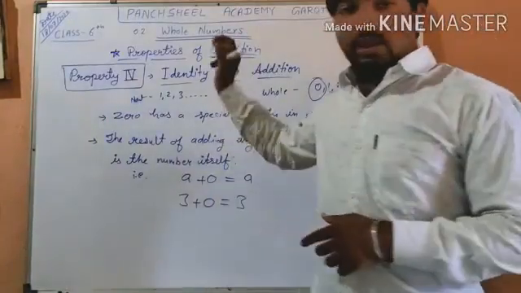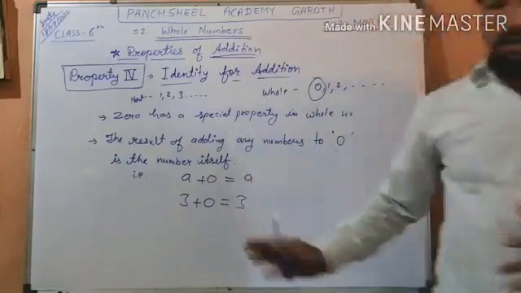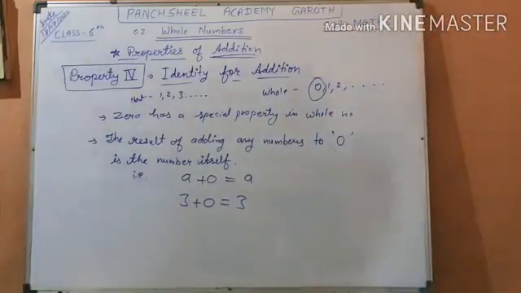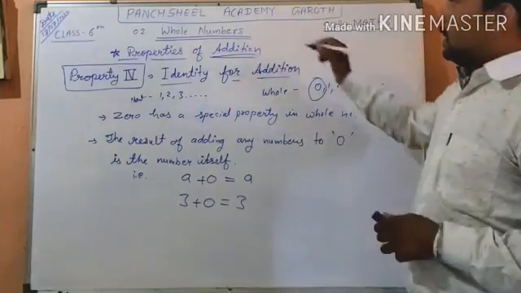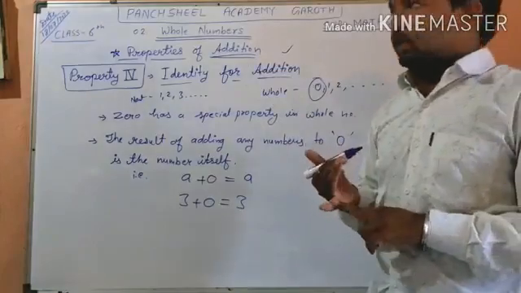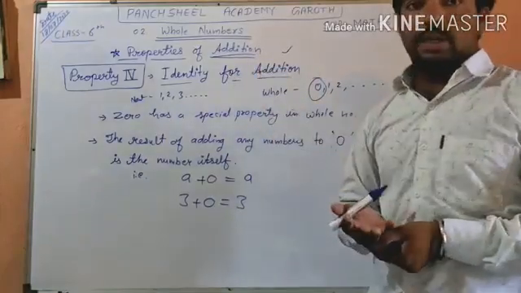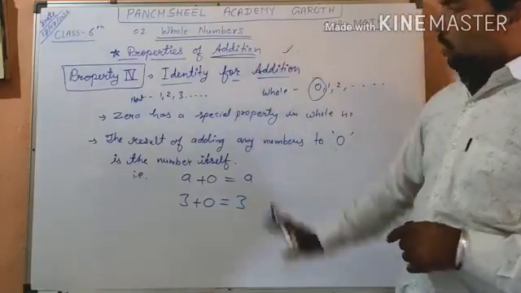This is property 4, identity for addition. Note it down. The properties of addition are now complete. We have 4 properties: closure, commutative, associative, and identity for addition. These are the main 4 properties of addition. You have to note them down.